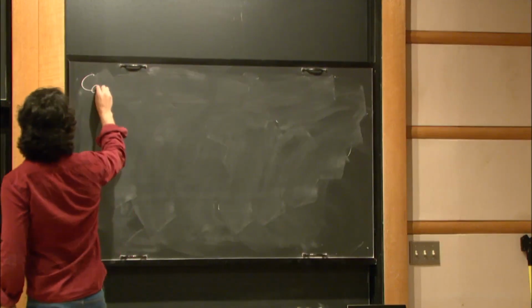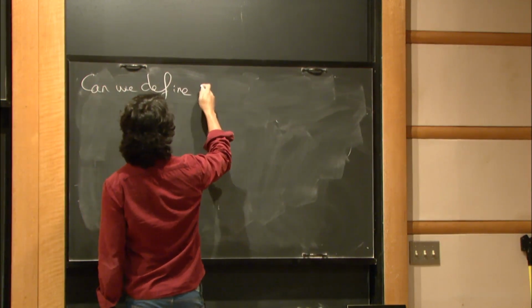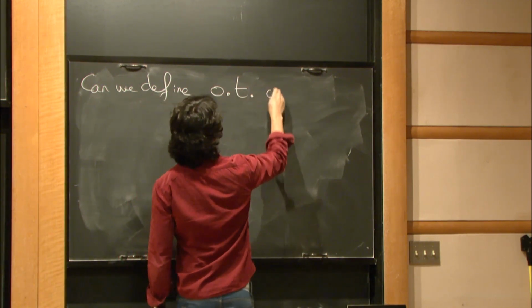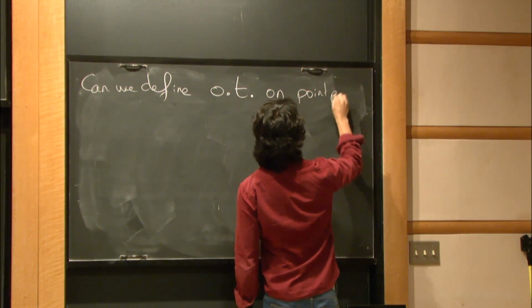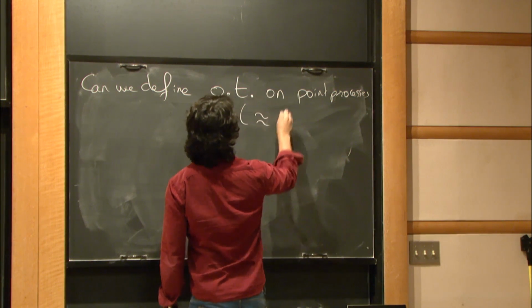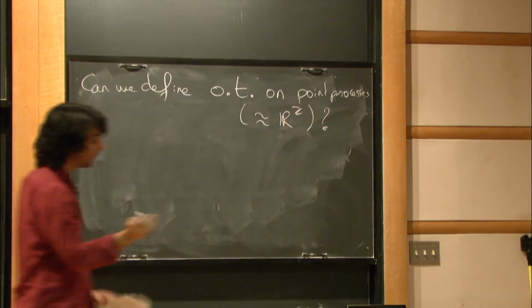So can we define optimal transportation on point processes, which are somehow like R to the Z? And the answer is it's not clear.